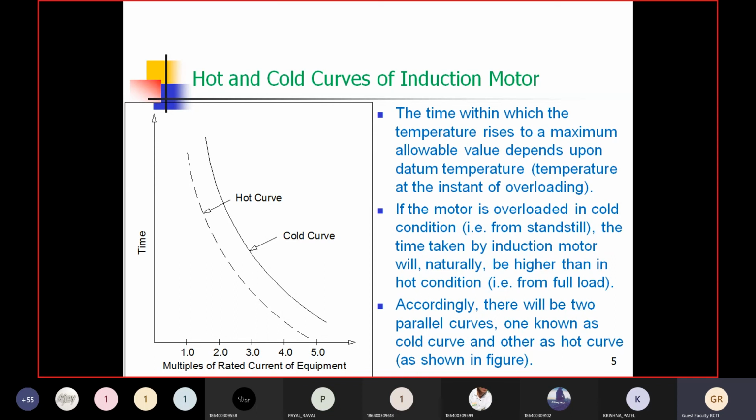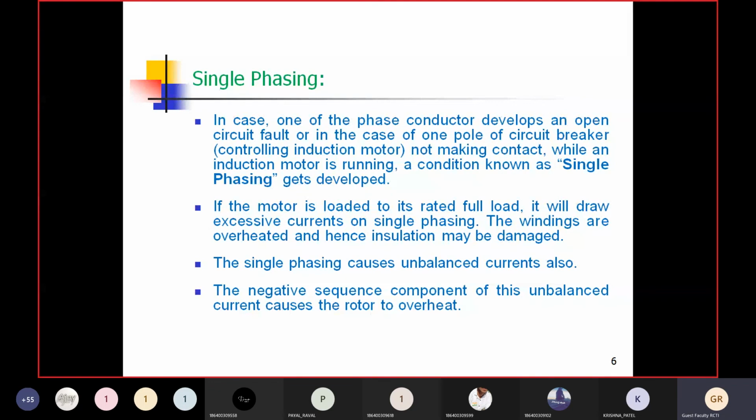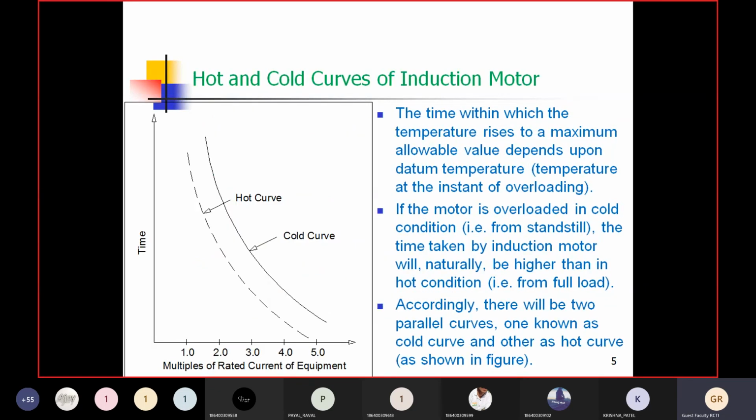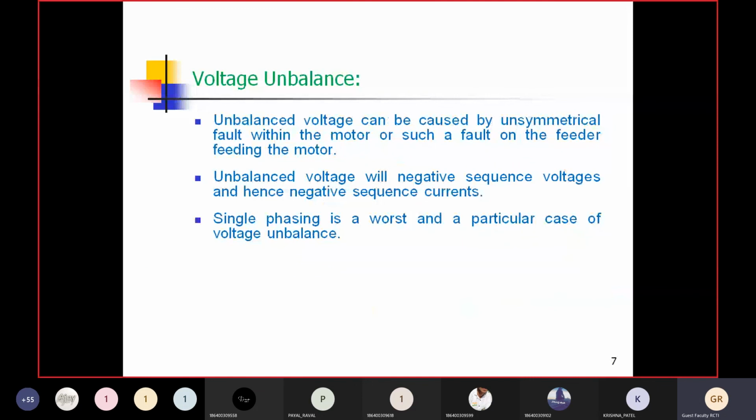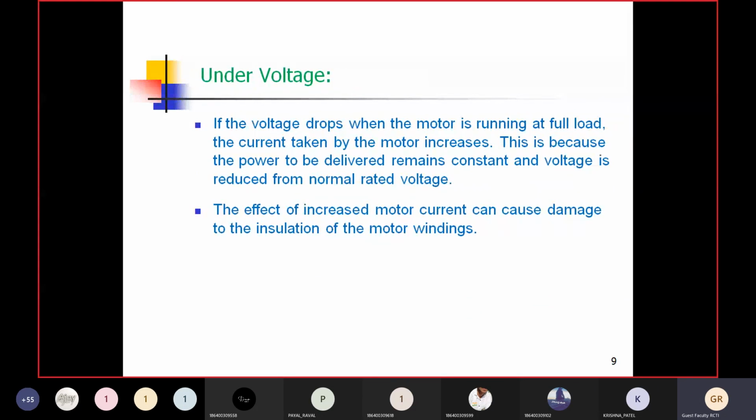Sorry friends, I have very little time. Otherwise I would have gone into great depth, but I hope that it is understood by you. Single phasing, first of all I will complete this thermal breakdown effect. Then after, if time permits, I am going to cover single phasing, voltage unbalance and so on. Right now there are different abnormal conditions which I have already mentioned in my PPT, but only because of this time limit I may not be able to cover all the points.